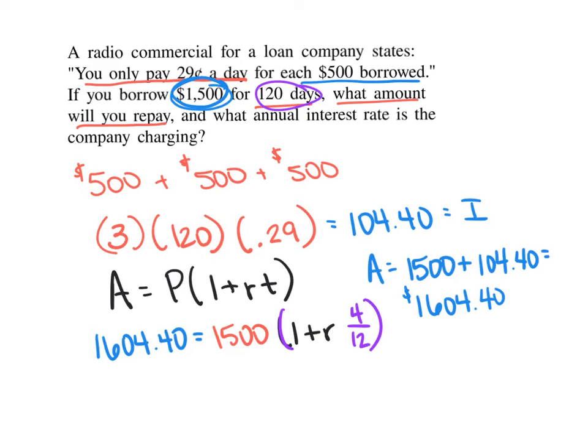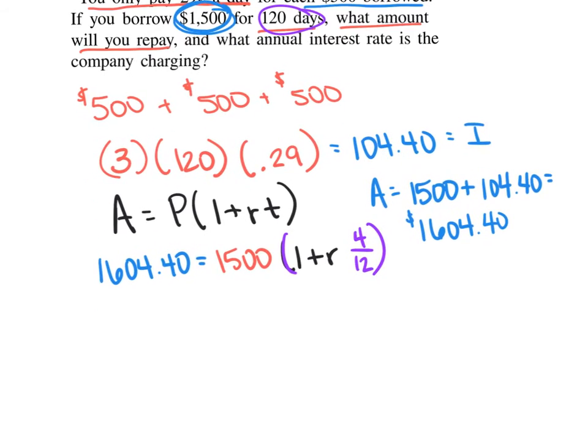And so to solve this, here's what we're going to do. We can see we have to get R by itself. And in order to get R by itself, my first step, anytime you're given the A and the P, you always divide by P. You will always divide by the principal when you're given the ending balance, or your A, and the principal. So we're going to divide both sides by 1,500.